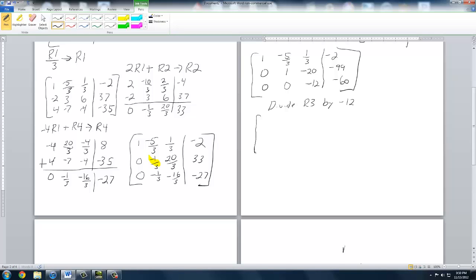So that gives us 1, negative 5/3, 1/3, negative 2, 0, 1, negative 20, negative 99, 0, 0. Negative 12 divided by negative 12 is 1. Negative 60 divided by negative 12 is 5. And there we have it. Row echelon form.